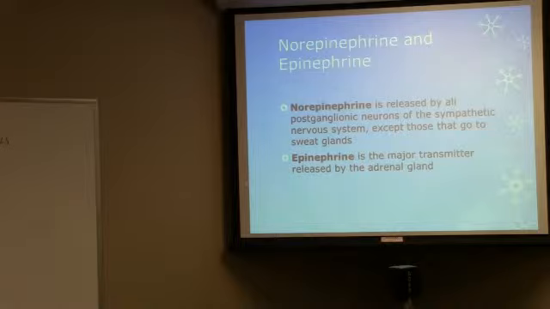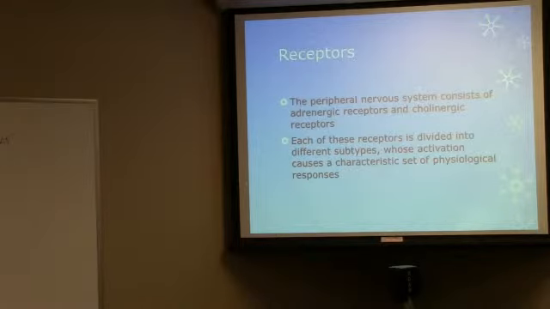Let's see, norepinephrine, epinephrine. I've already talked about this quite a bit in the past. You should be very familiar with this. Talking about the different receptors, the peripheral nervous system consists of adrenergic receptors and cholinergic receptors. And then we divide those into subsets, and those are divided into the different characteristics of whatever that response is. So, for example, do we want to block something?